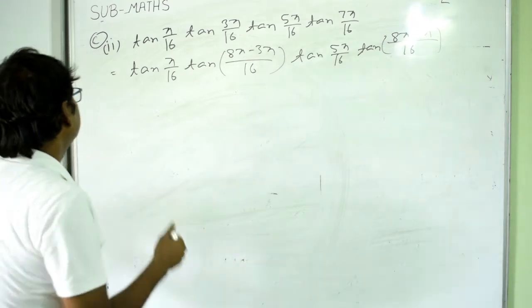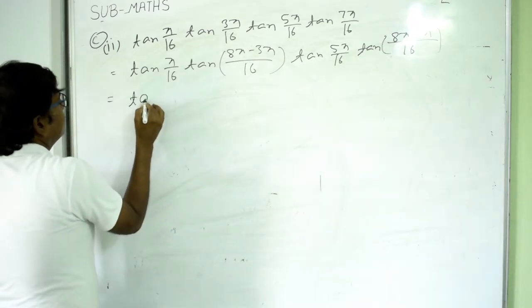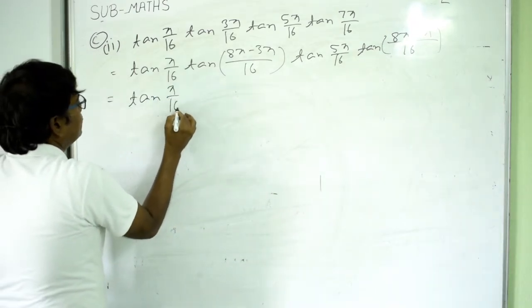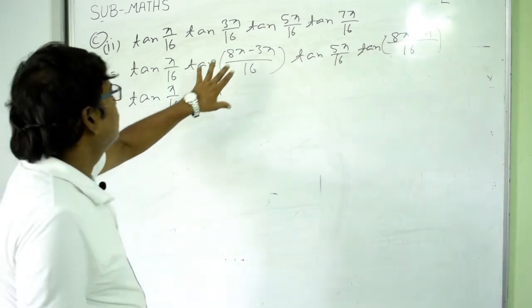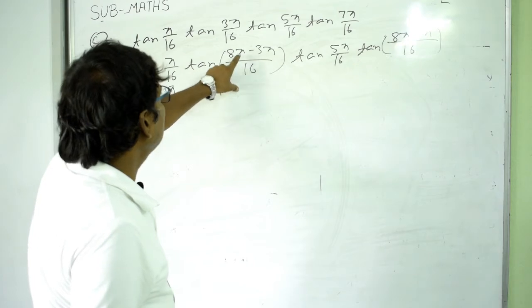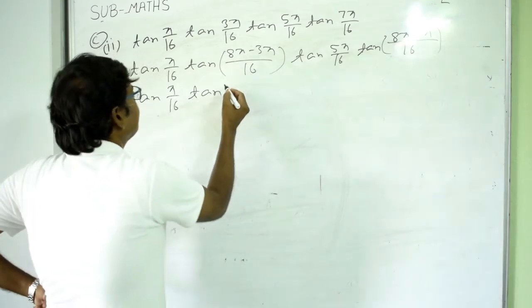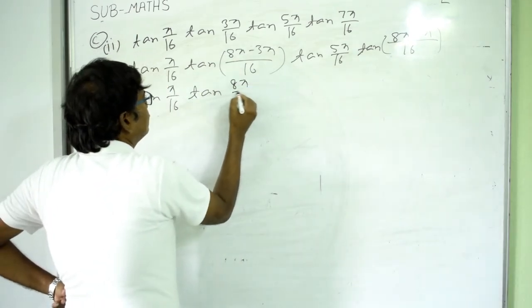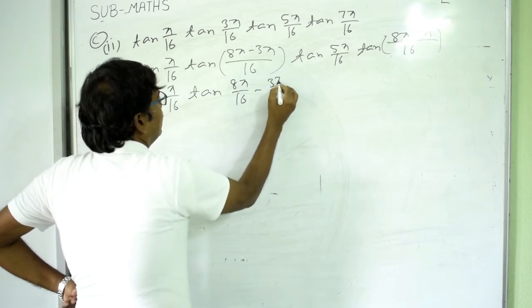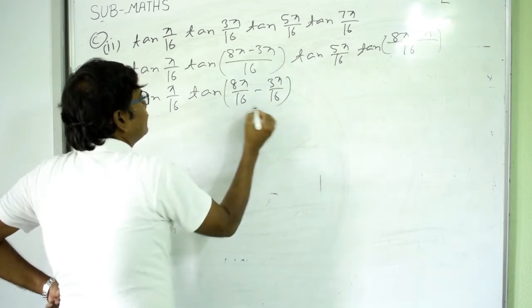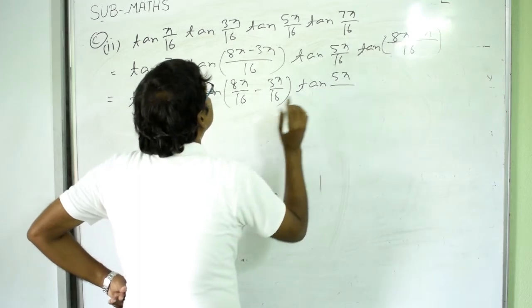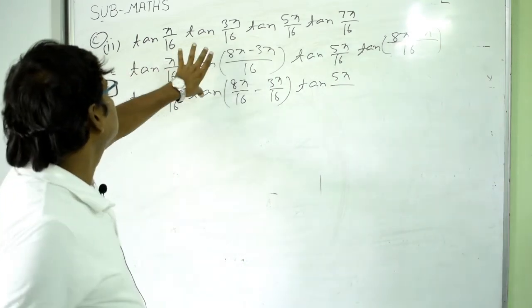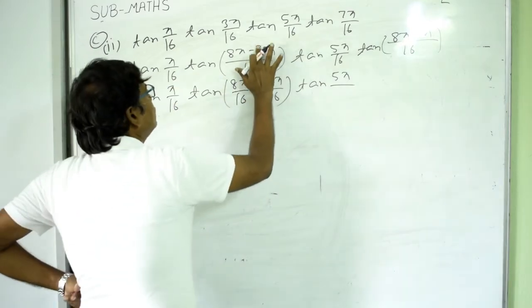Now tan pi by 16. Now here 8 pi, if you open this, that will be 8 pi by 16. Okay, that is 8 pi by 16 minus 3 pi by 16, and here tan 5 pi by 16. Oh, here it is 3 pi here. Okay, it should be 5.